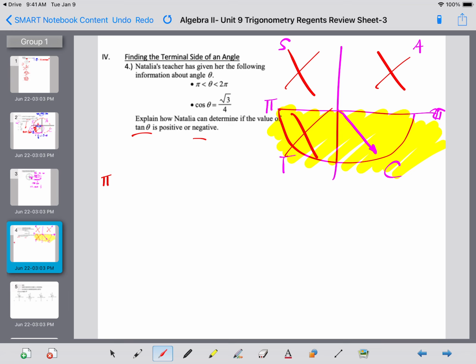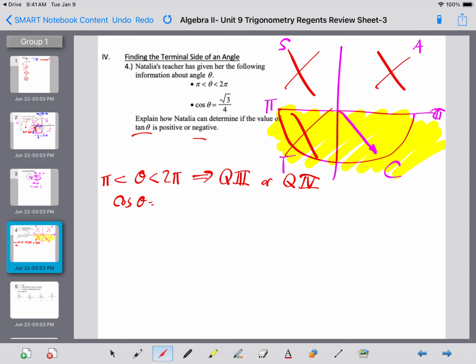State every reason that we just said. Pi is less than theta, which is less than 2 pi, implies quadrant 3 or quadrant 4.